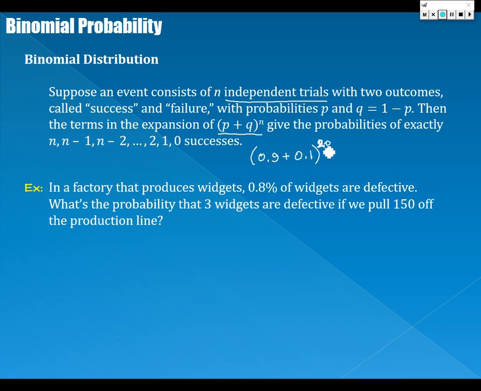This is the hallmark of, let's pretend there's an infinite number of widgets, what we're looking for to be a binomial probability. We're looking for independent probabilities, two outcomes, repeated over and over again.